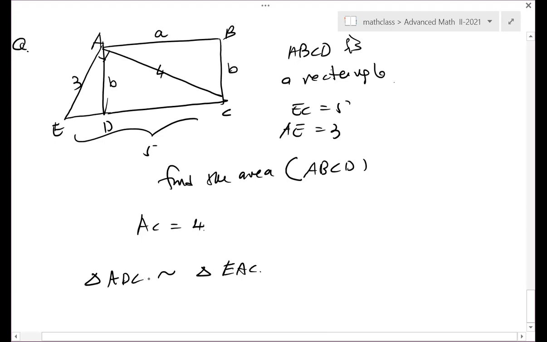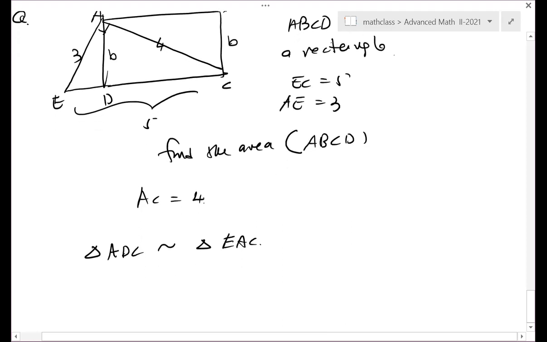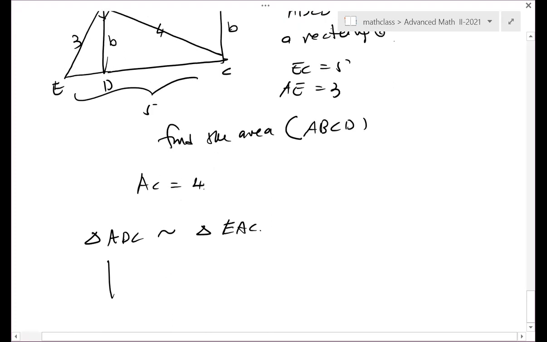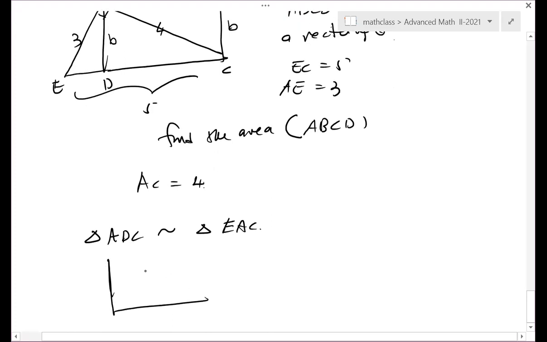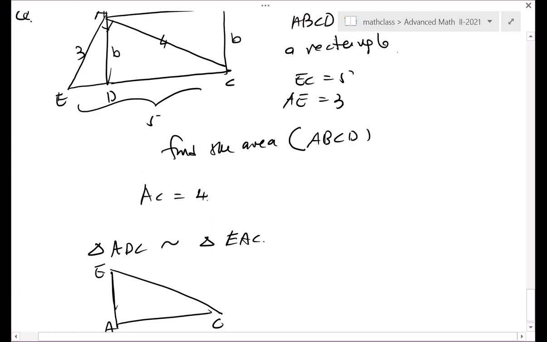Let's see, EAC: for EAC, this side is given, AC side is 4, this side is 3, and then EC is 5.